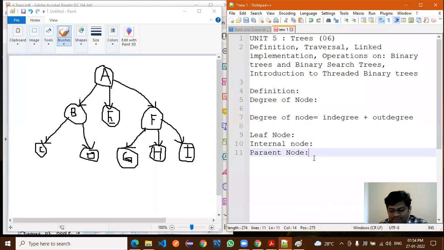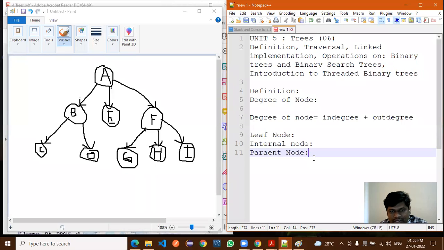Now child node. A node with a predecessor is called a child node, and it has an in degree of at least 1. So tell me the child nodes now.